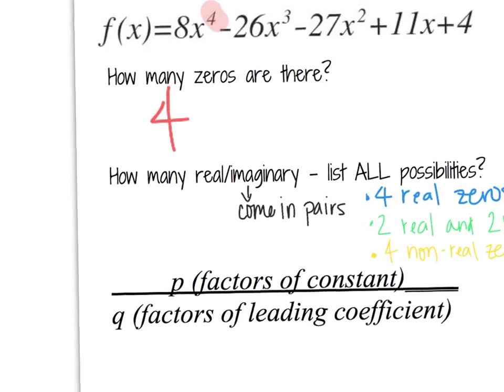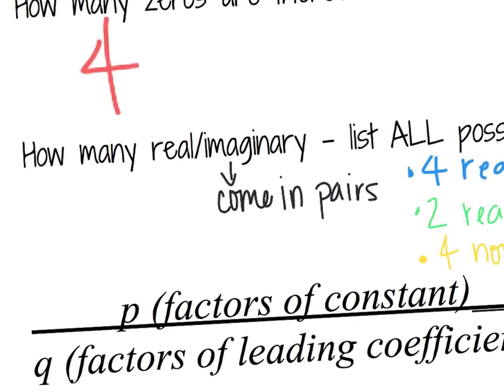But the question is, why could I not have 3 real zeros? Because notice when I was listing it, I skipped 3. Well, if I had 3 real, I would have to have 1 non-real, because 3 plus 1 is 4. But the problem with that is that the non-real, the imaginary, come in pairs. So I can't have 1 non-real.